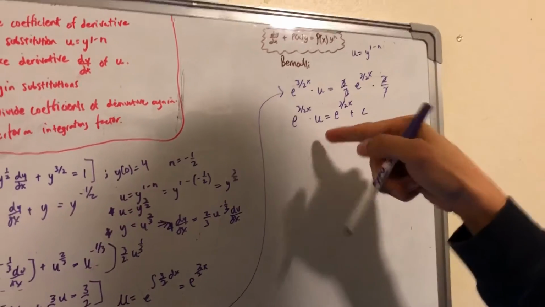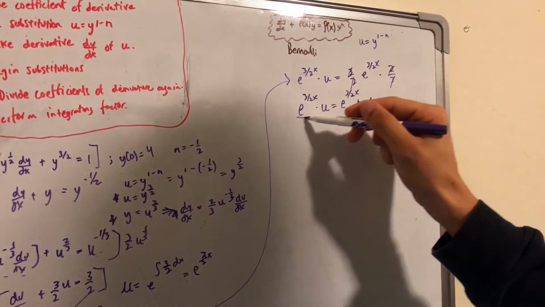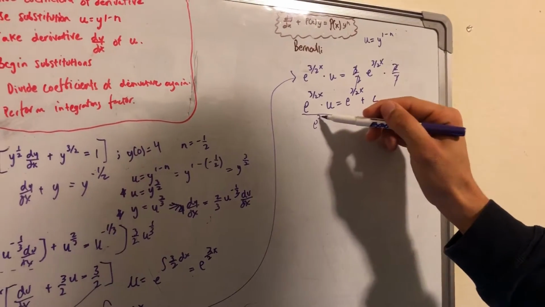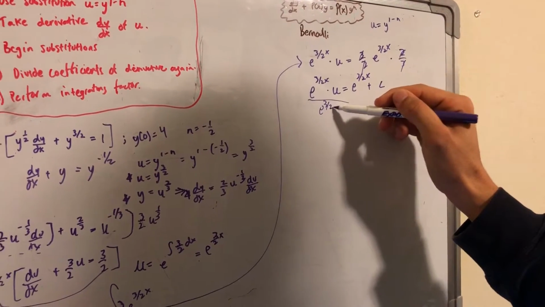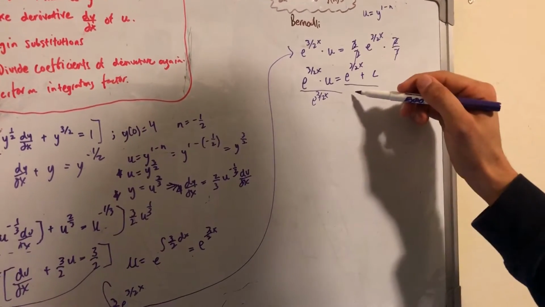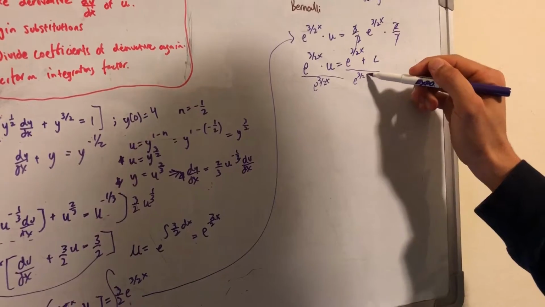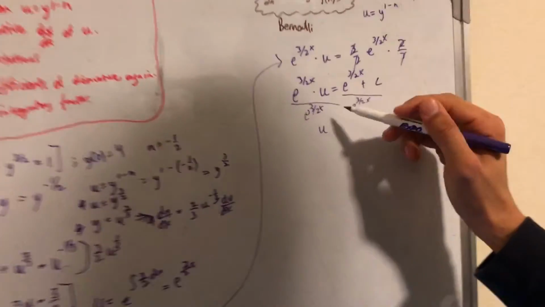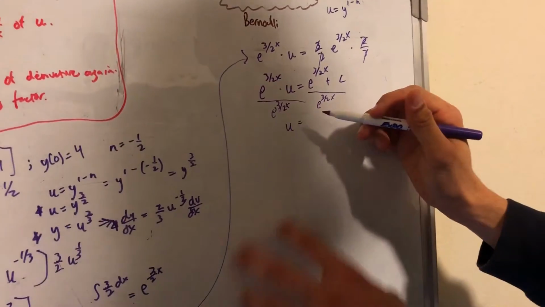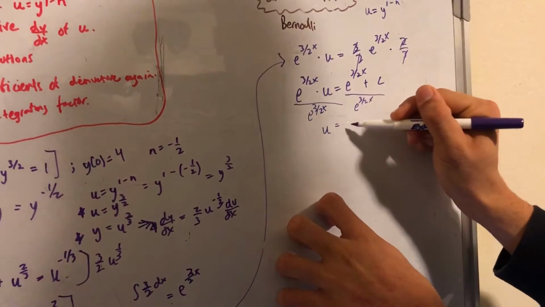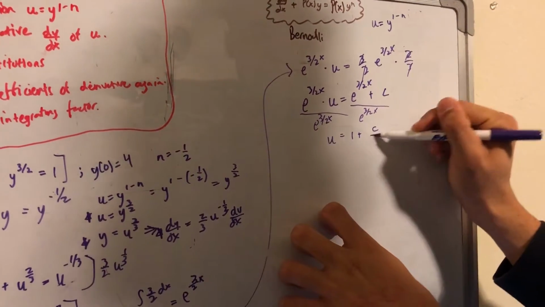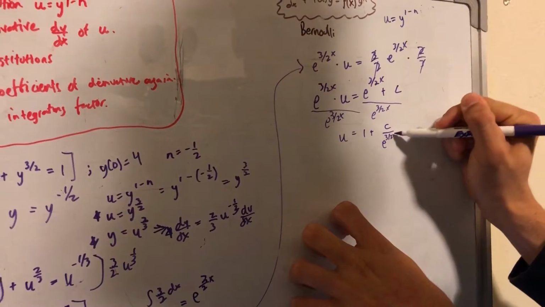Now we want to isolate u. We're going to divide by e to the 3/2 x on both sides. That'll give us u is equal to 1 plus c over e to the 3/2 x.